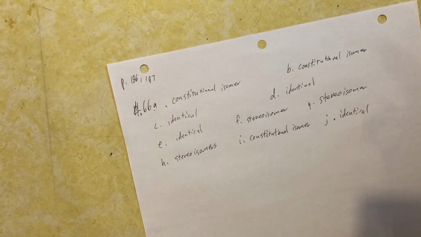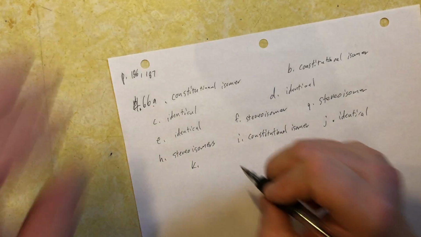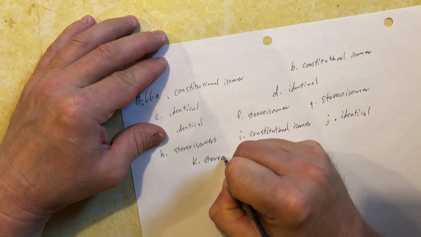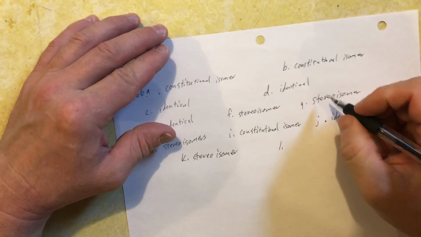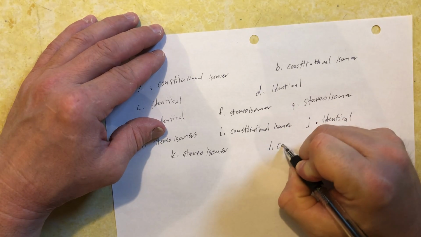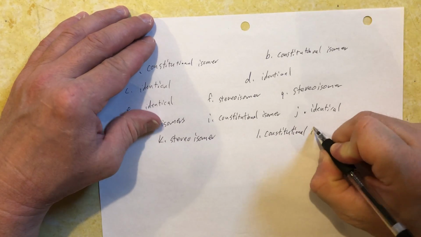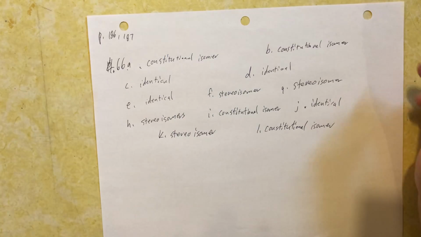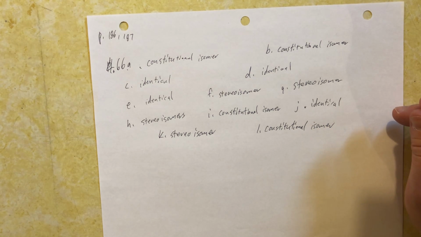Okay, and then K, I have a stereoisomer. And L, I have a constitutional isomer. So let me know if you disagree with one of those, and I'll take another look at it.